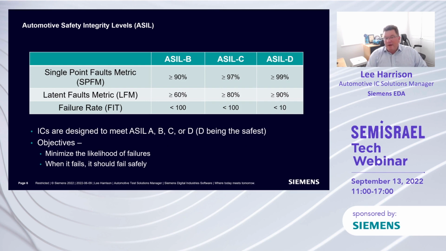You'll see that the coverage requirements for these is lower, and this is essentially because the potential of 2 faults occurring that could potentially mask the effects of one another is very much reduced. So actually the requirement for your latent fault metric is significantly lower.